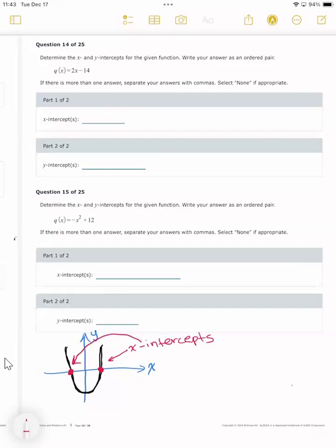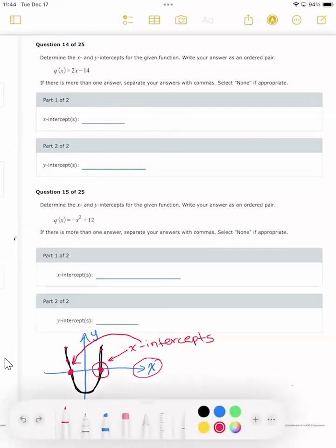And the reason we call them x-intercepts is because the graph crosses the x-axis. This is your x-axis. The black graph crosses this blue line here, so we call it the x-intercept. Not this point, not this point, not this point. These two points are crossing the horizontal blue line.